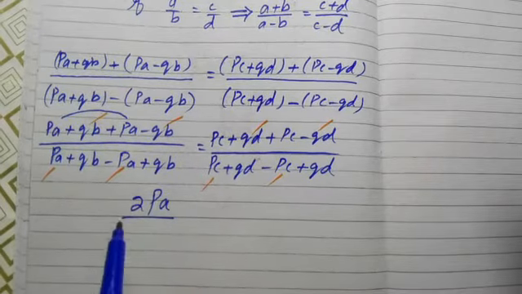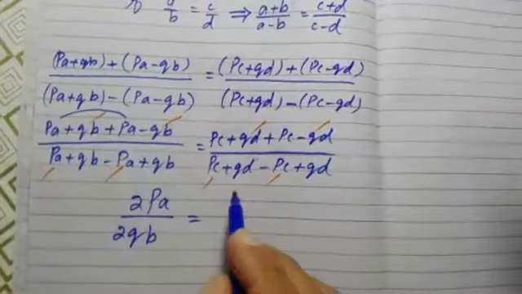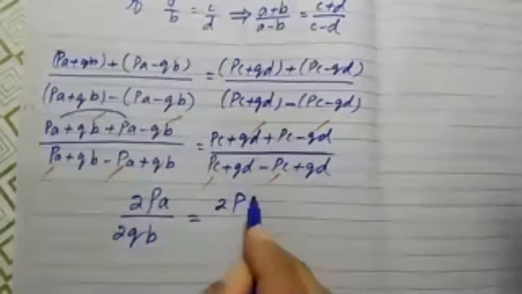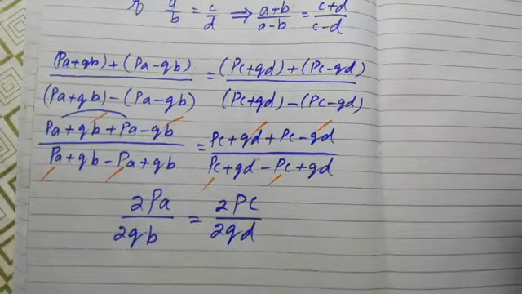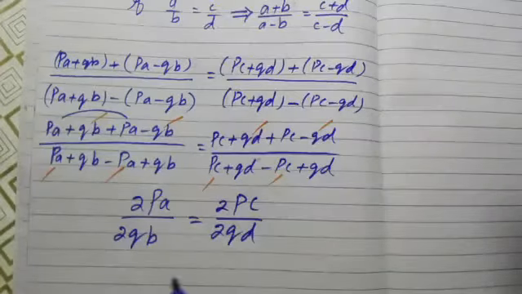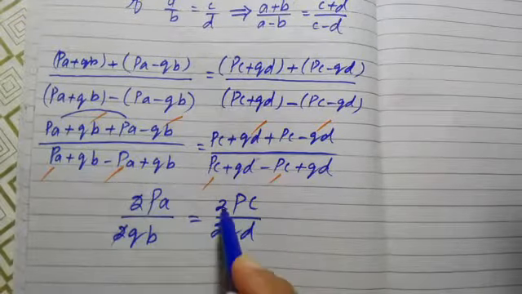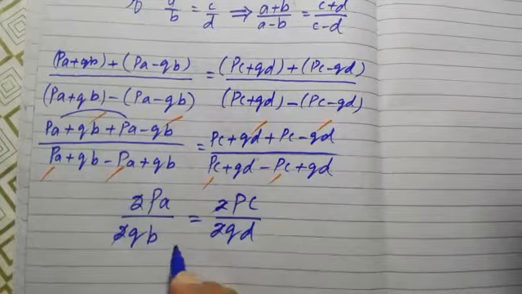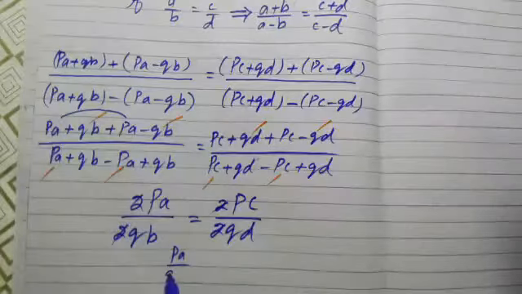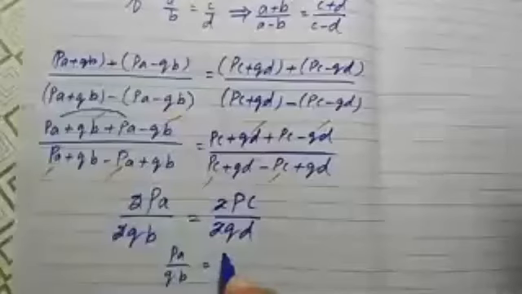Same in the denominator, QB and QB will become 2 times QB, equals 2 times PC divided by 2 times QD. And in the same way, you will see that terms will be cancelled from both sides. And what we will be left with, obviously, is PA over QB equals PC over QD.